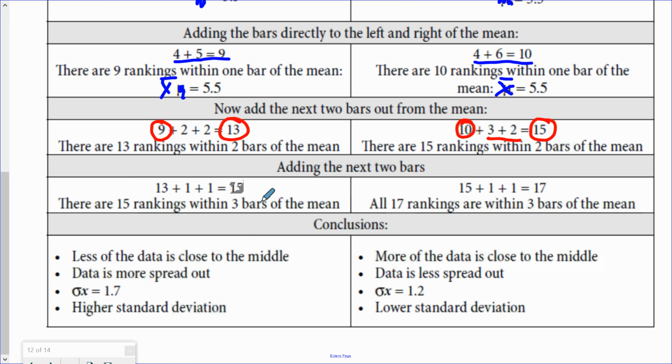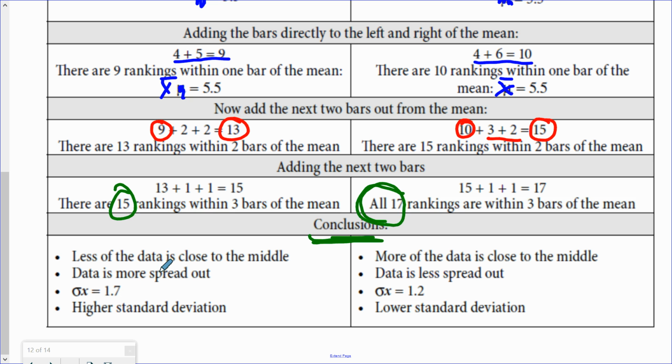For restaurant A, there are 15 rankings within 3 bars of the mean, because we're adding 1 on each side to the 13 from the previous. And for this one, we had 15 and we're adding 1 on each side. So in this case, all 17 rankings are within 3 bars of the mean. We had 15 of the 17, so if we went 1 more bar out, I think we would have got everything.